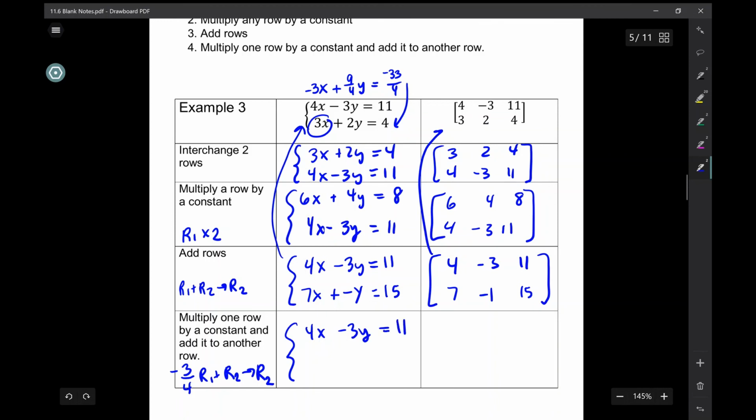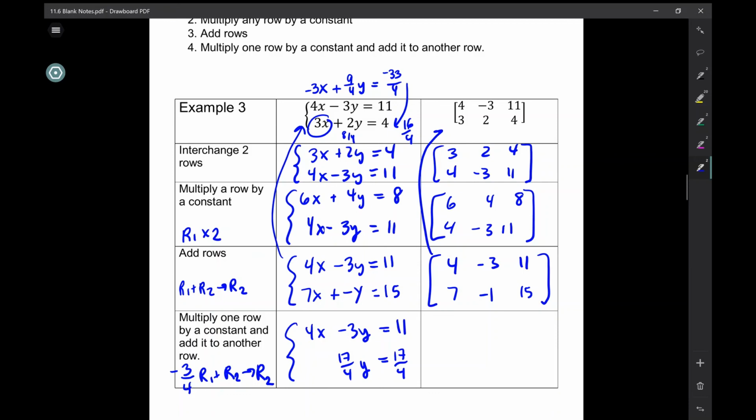Adding to row 2, we get 0x, so that's gone. 2 is the same as 8/4, so we have 17/4 y equals negative 33 over 4 plus 16 over 4, is that 17 over 4? Yeah, 17 over 4. All right. So there's our new system.